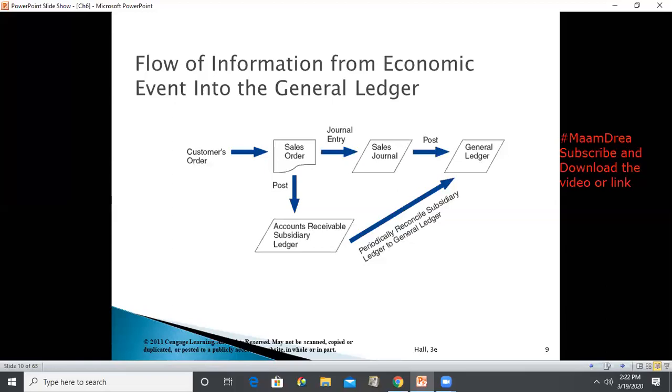This is the substantive test that is also performed by the client's firm for major accounts or big accounts and transactions, to arrive at an overall opinion about the fair presentation of financial statements.